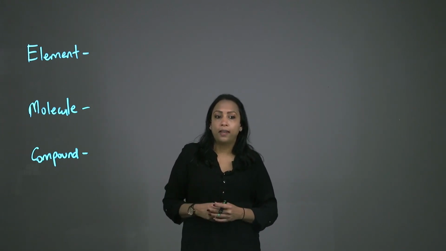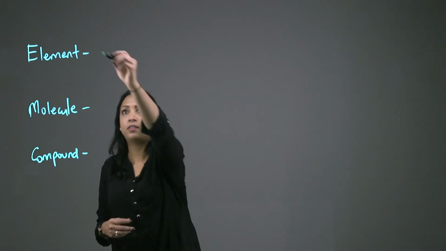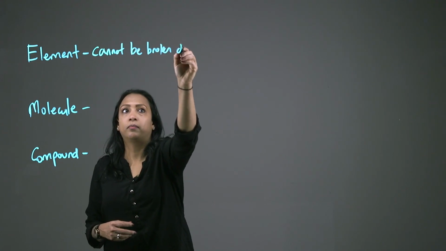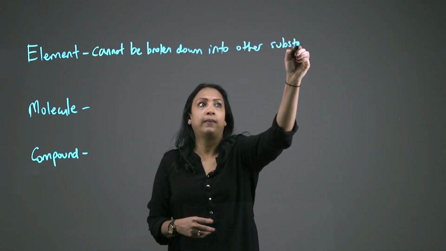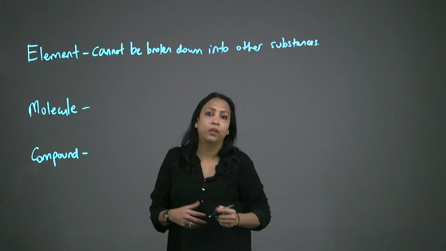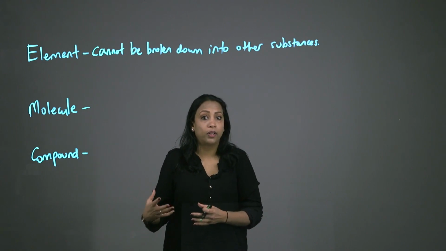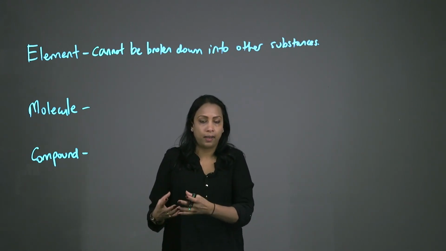A chemical element is a substance that cannot be broken down into other substances. Now, when we say cannot be broken down into other substances, we mean that it cannot be broken down without losing the properties of that element.